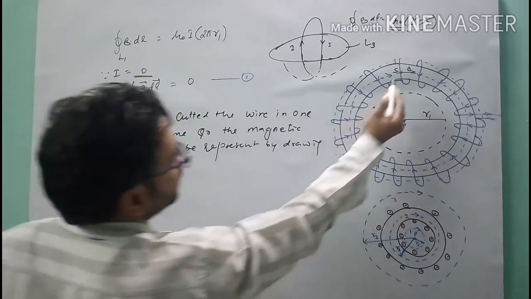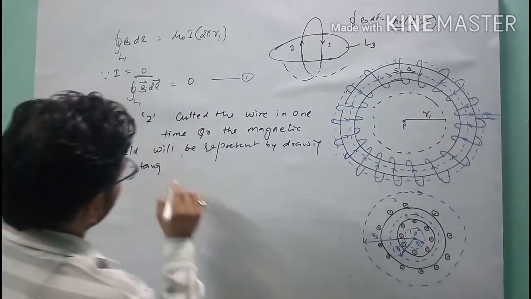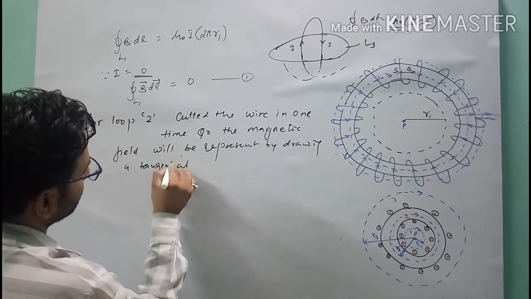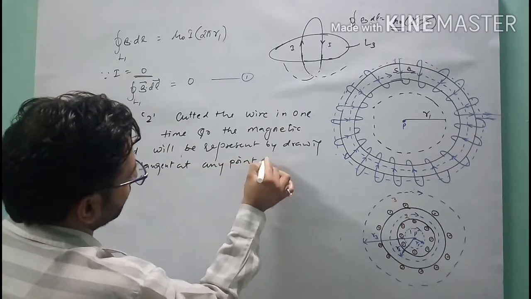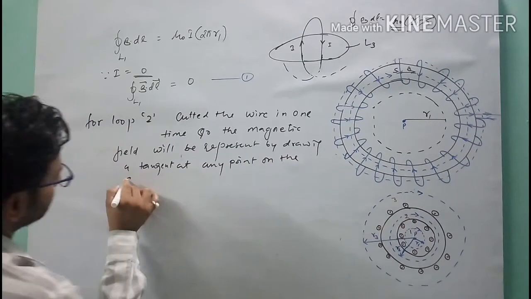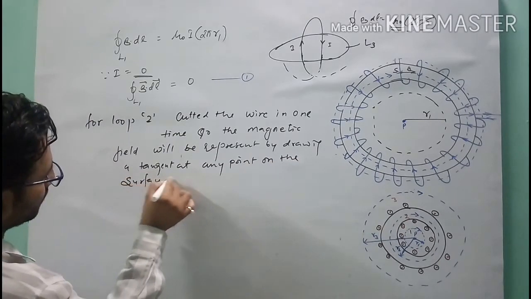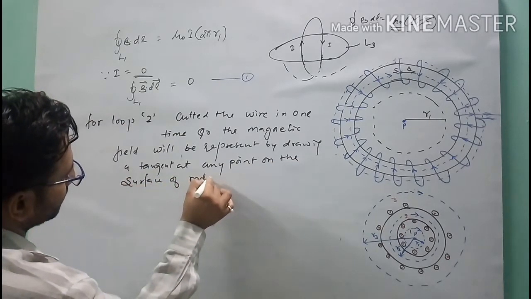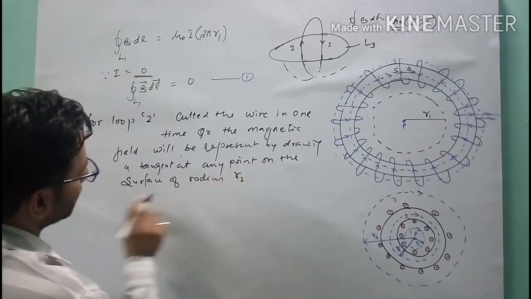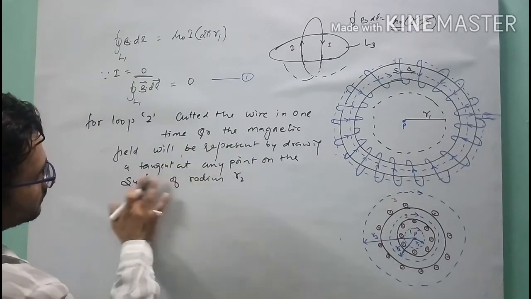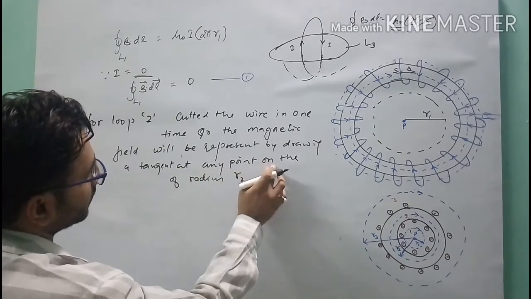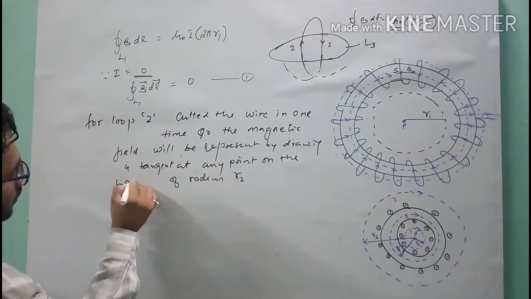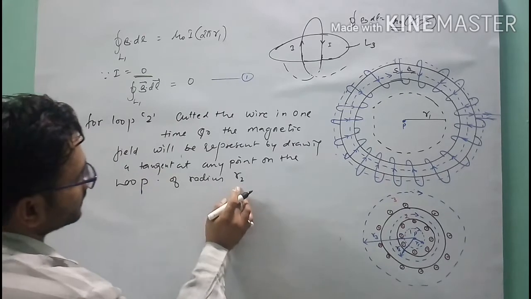See the diagram, by drawing a tangent at any point on the loop of radius R2.